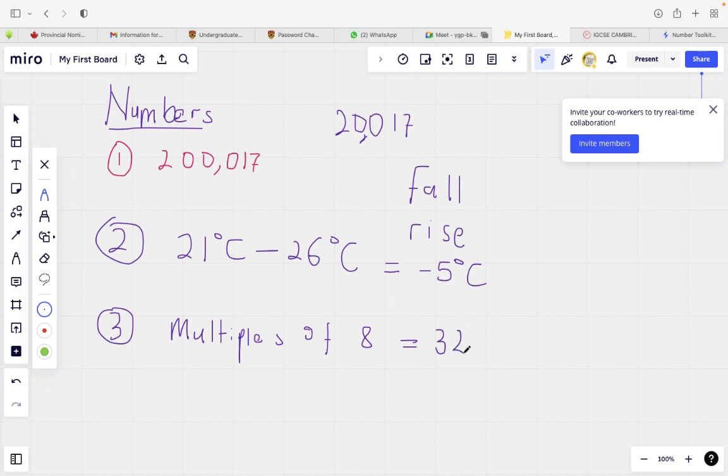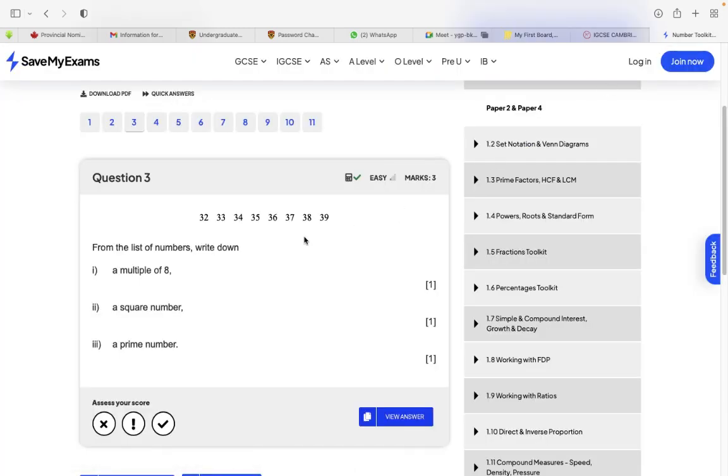If there was 40, would that be a multiple of 8? We would have included 40. If there was 48, we would have included 48, and so on. But from the list of numbers given to us, 32 is the only multiple of 8, so we choose only 32. Now let's go to the next question quickly. You can view answers.